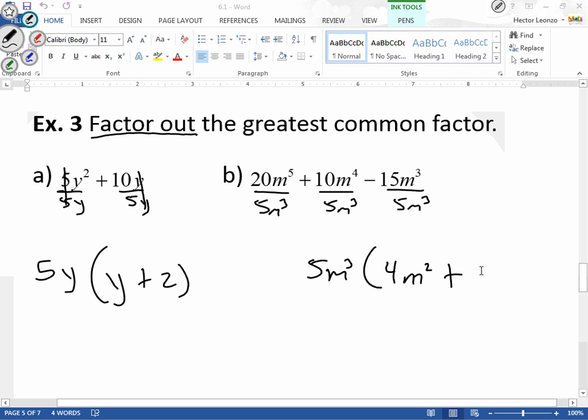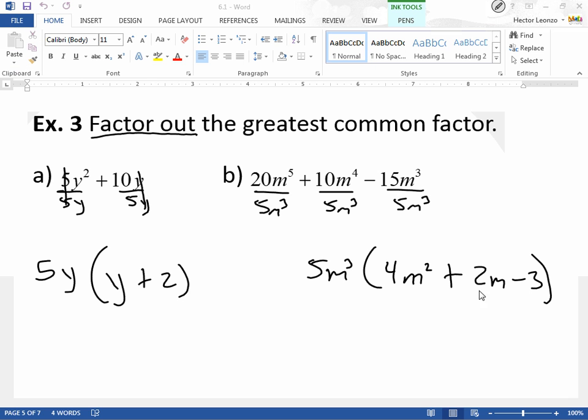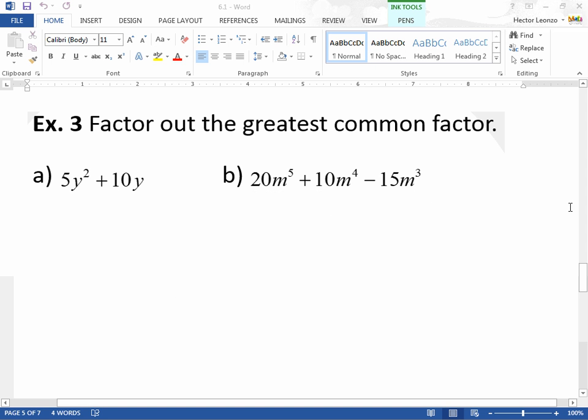For the second term, I'm going to get plus 2m. And on the last one, I'm going to get minus 3. There are no m's, so I should not have any greatest common factor besides 1 on the inside of my parentheses. So when we say factor out, we take the greatest common factor out of the parentheses. We're doing the distributive property backwards.